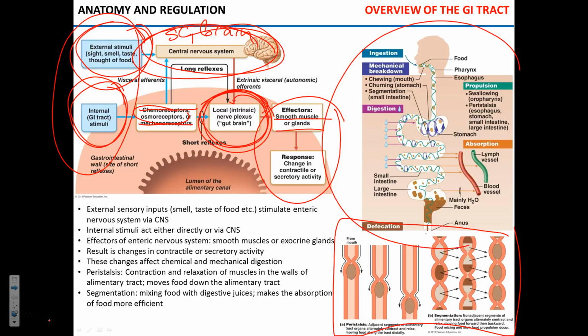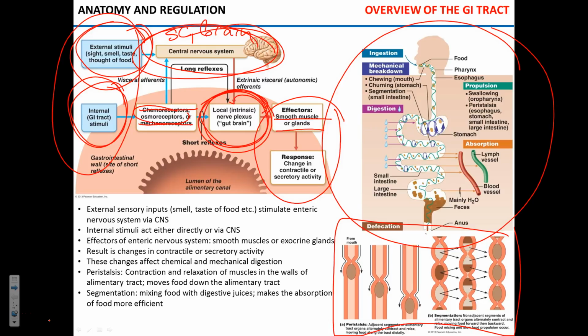Now let's chat about what's going on at each part of the digestive system. So you ingest food with your mouth. Ingestion is a fancy word for putting the food in the GI tract initially. Then what do you do in the mouth? You chew. Is that a mechanical or chemical digestion? Mechanical. What else do you do? You produce saliva.